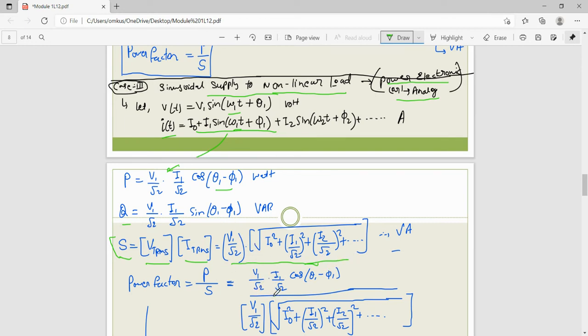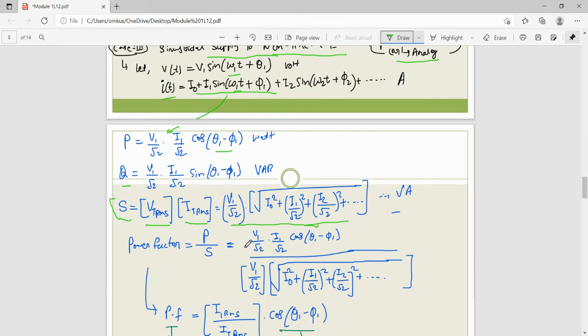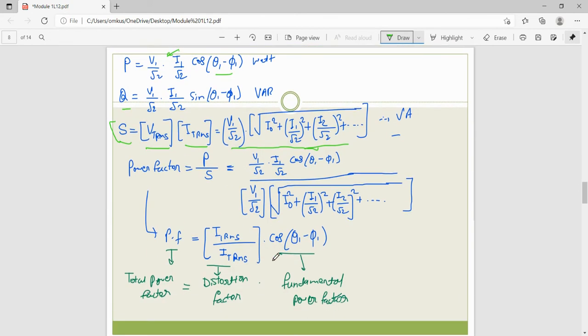By placing the values, you will find this equation, and the power factor is equal to I1 RMS divided by IT RMS. Now this I1 RMS is nothing but the fundamental current, right? This is the fundamental current, and this is the total current.